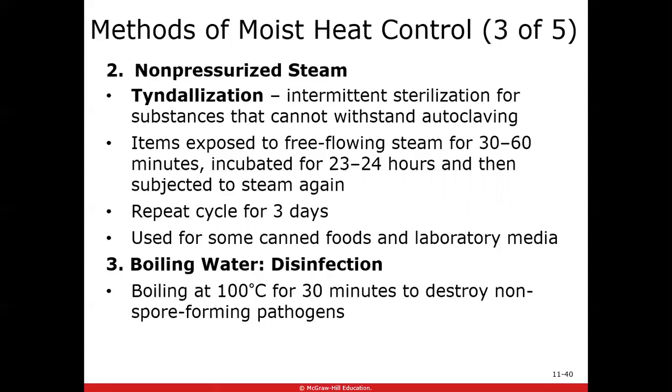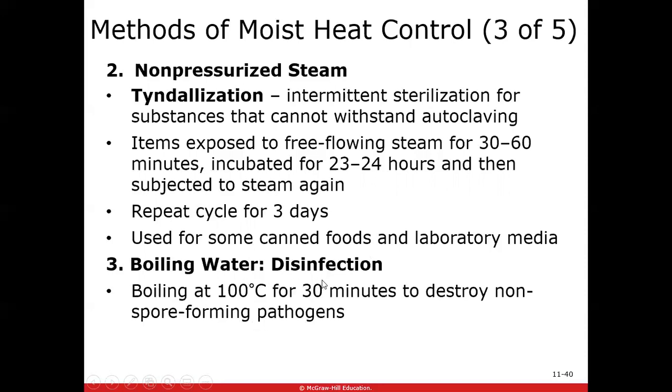After 3 days, we've pretty effectively gotten rid of all of the spores and all of the vegetative bacteria without subjecting the item to the high levels needed to kill spores. This process is used for some canned foods and also for laboratory media.